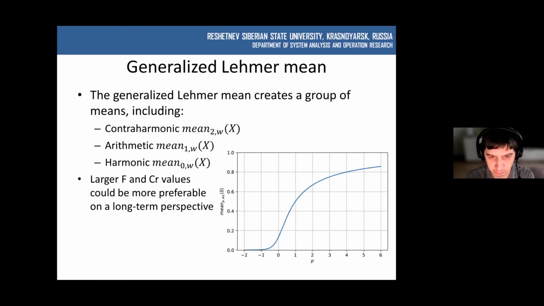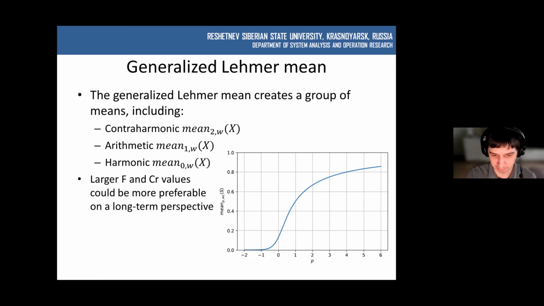So what do I mean by this? There are many ways to calculate a mean, and the one that we are used to is simply the arithmetic mean. We get the arithmetic mean if we use the Lehmer mean with parameter 1. But we can also get contraharmonic or harmonic means with different parameter values.